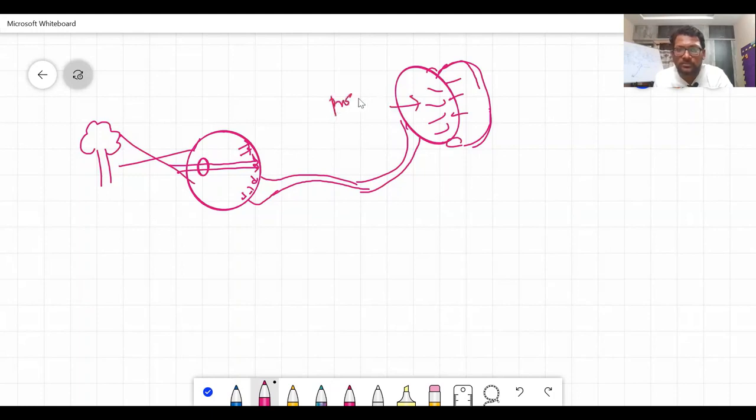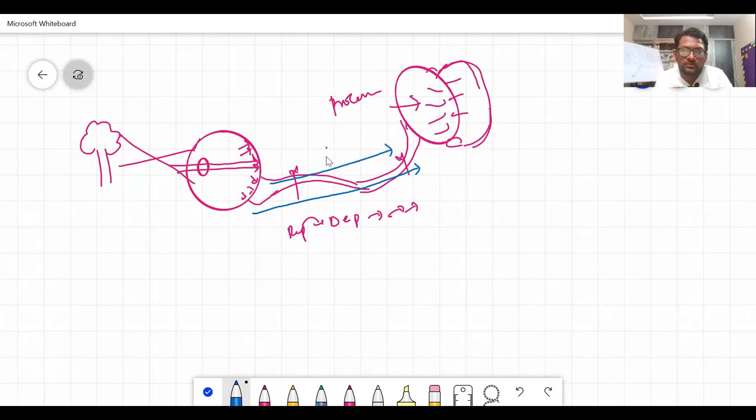Image processing takes place. But here there are nerves, the optic nerve is there. So through the nerve, how would it be traveling? Depolarization, action potential, repolarization. So it is a continuous format. So the nerve impulse would actually follow a certain direction, and especially down the axon, this nerve impulse would be moving.